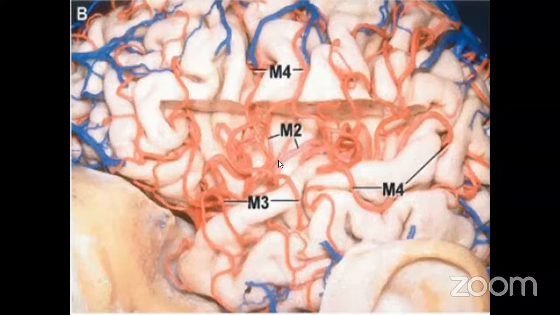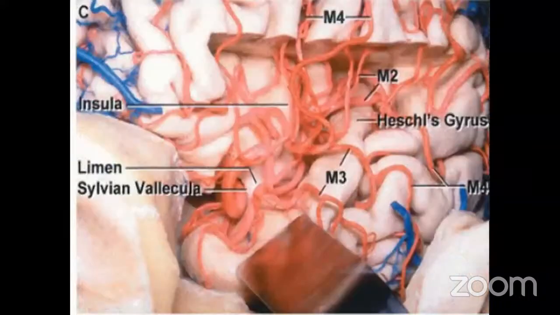Now this is the lateral view. Here we can see that these are the cortical branches on the surface, making the M4 segments, M3 segments related to the opercula, and M2 inside the insula. So this diagram is again showing the branches and the distribution. So M4 or the cortical branches, M2, and then these are the M3.